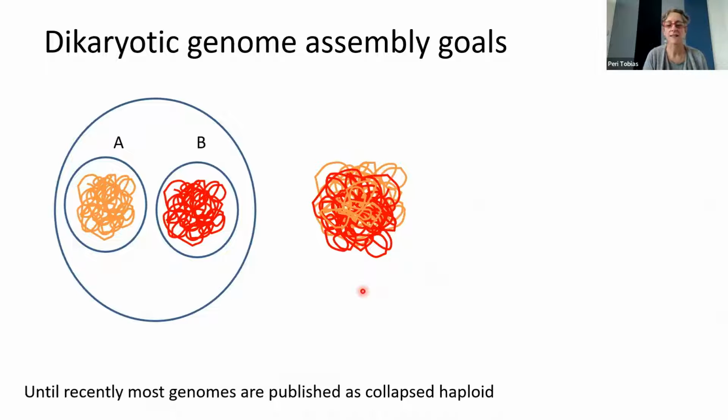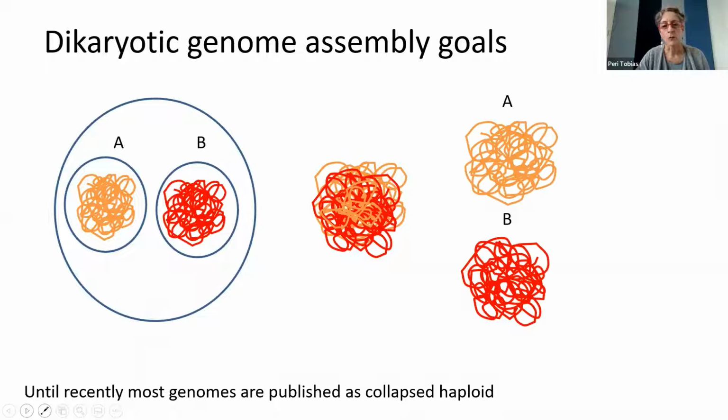When it's sequenced, it's still a big jumble of the two genomes. What we'd like to do bioinformatically is pull these back into their compartments, so we get the genomes separate and can really start understanding what genes are present in each of these two separate genomes.